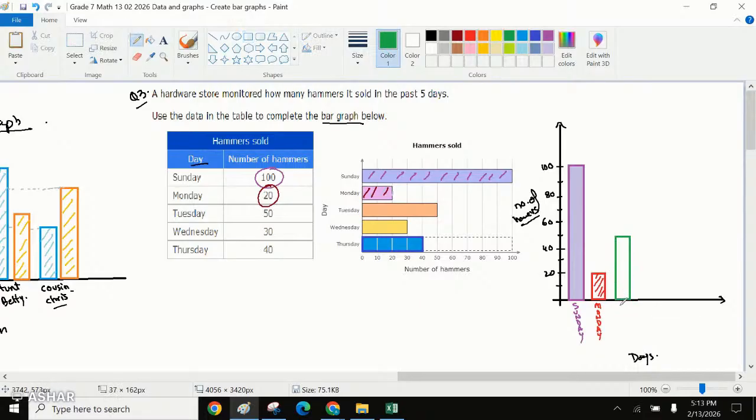This is Tuesday for us. Wednesday is 30. Wednesday would be 30.